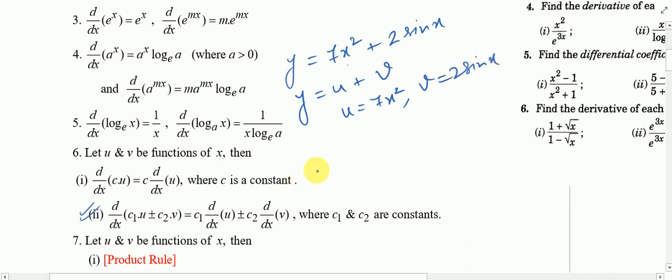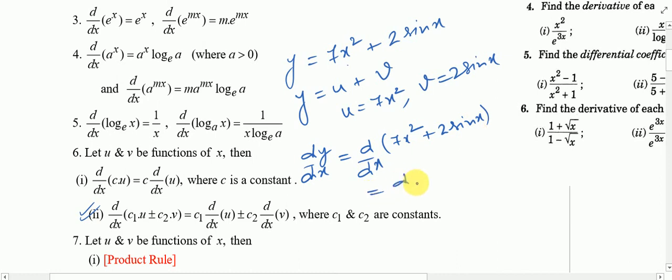So in this case, when I have to differentiate this y, I will write 7x square plus 2 times sin x, and then in the next step 7x square plus differentiation of 2 times sin x with respect to x, and then this by formula 6. This constant can come out.